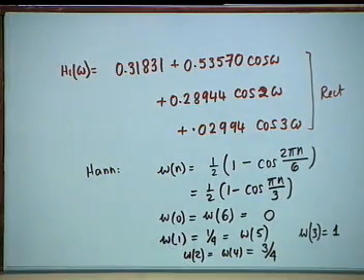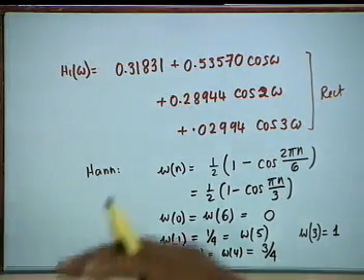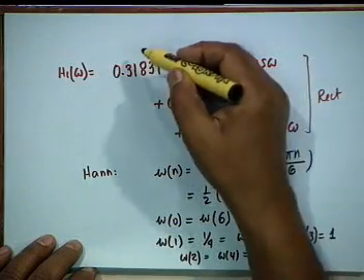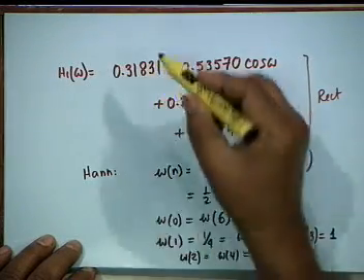Should not be required to calculate the middle point, that is normalized with respect to 1. Therefore, in Hann window, this term shall remain the same.